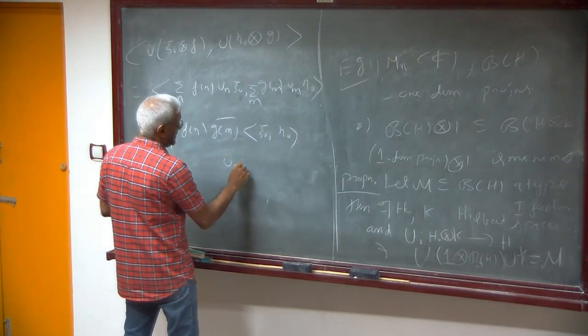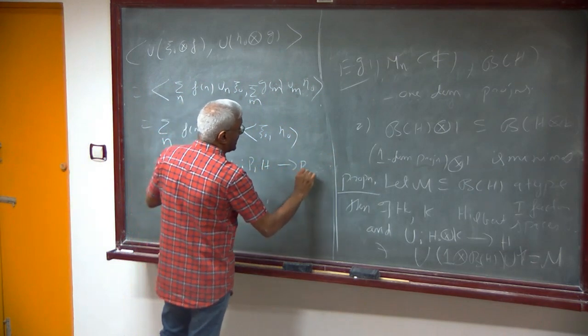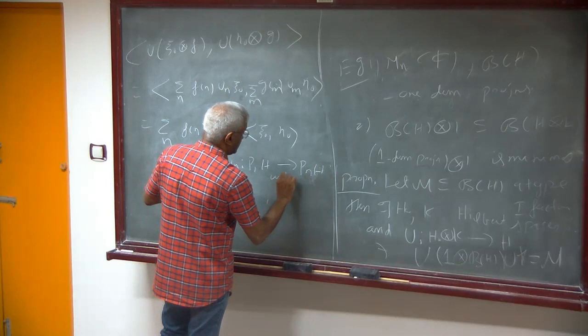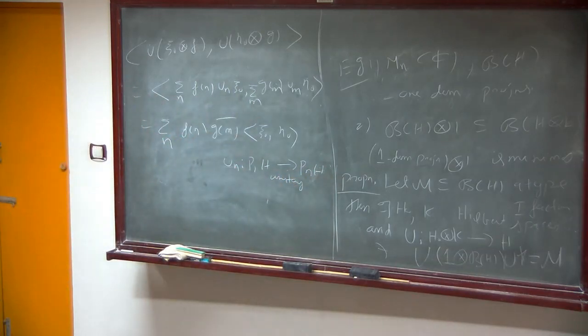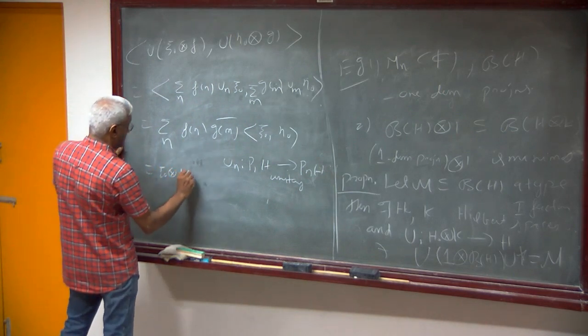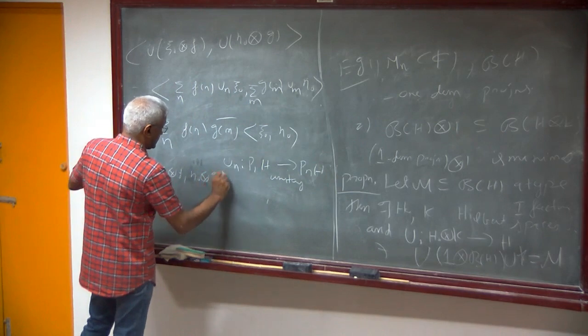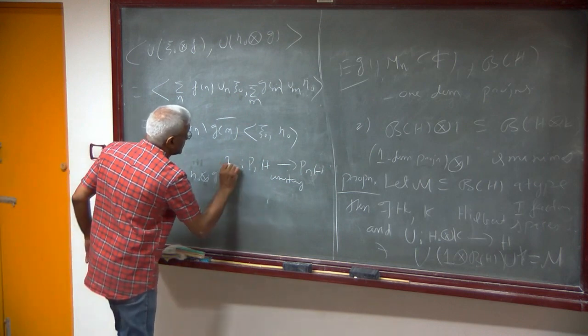Because this un is actually a partial isometry, but between p1h to pnh, it is unitary. So because of that, this will be equal to this. And this is precisely equal to xi naught tensor f, eta naught tensor g. So this u, whatever we have defined, this is small un, sorry.